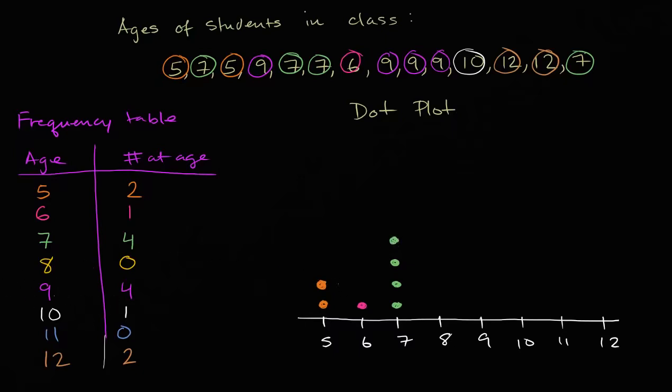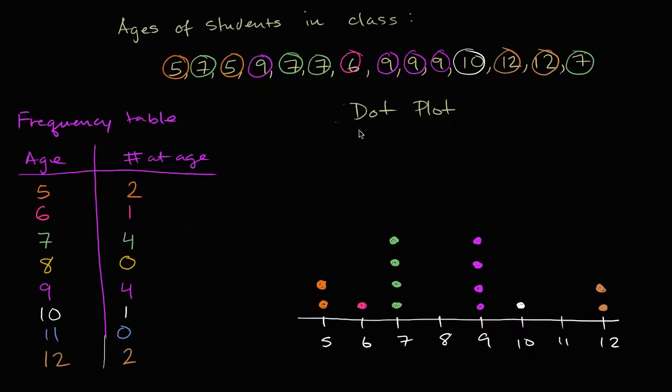There's 4 9-year-olds, so 1, 2, 3, and 4. There's 1 10-year-old, so 1 dot there. There's no 11-year-olds, so I'm not going to put any dots there. And then there's 2 12-year-olds. So there you go. We have frequency table, dot plot, list of numbers. These are all showing the same data, just in different ways.